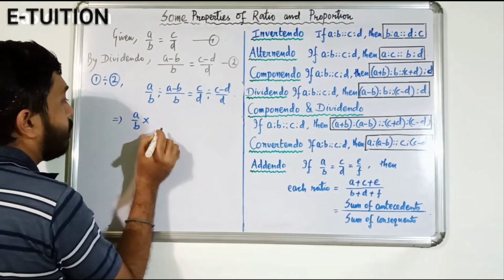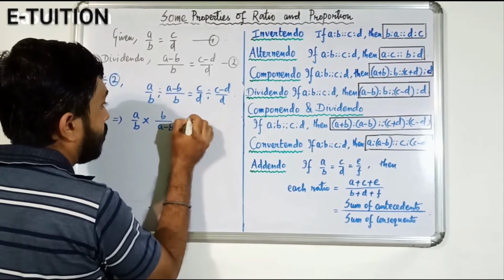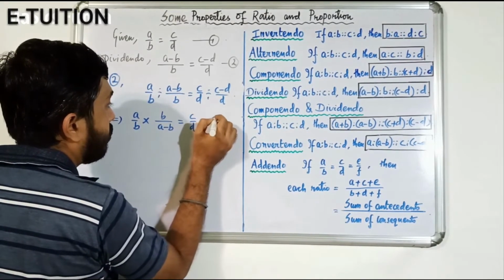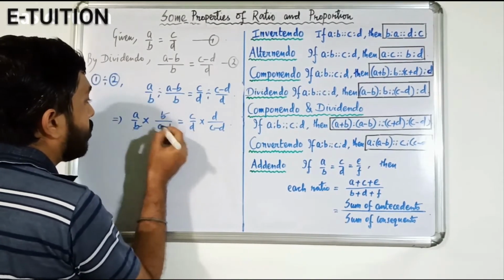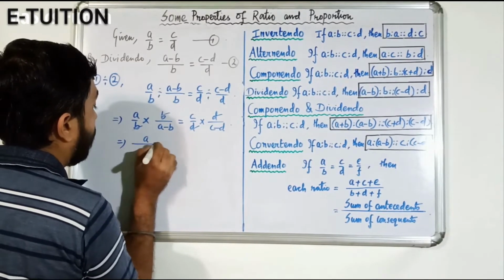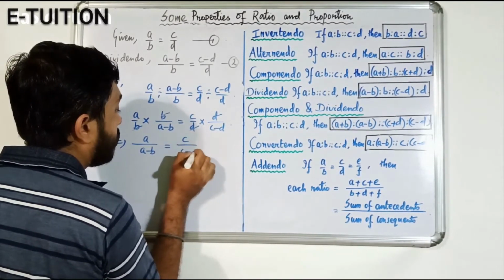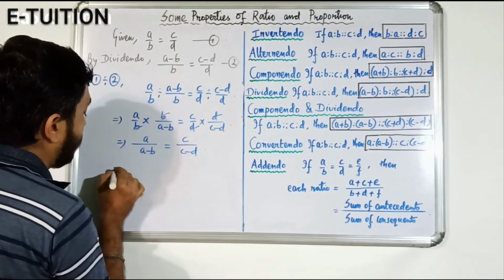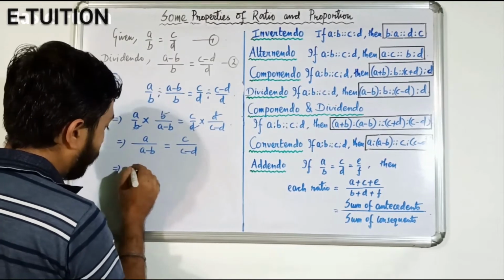A by B multiplied by B by (A minus B) is equal to C by D multiplied by D by (C minus D). Cancel out B and D from both sides. A upon (A minus B) is equal to C upon (C minus D). And you have already arrived at the result of convertendo.